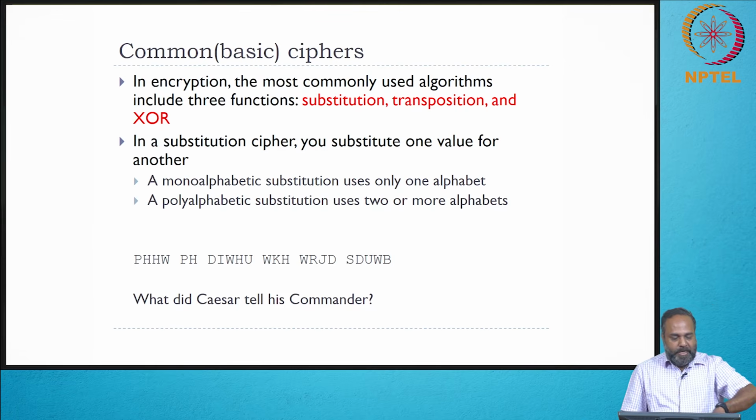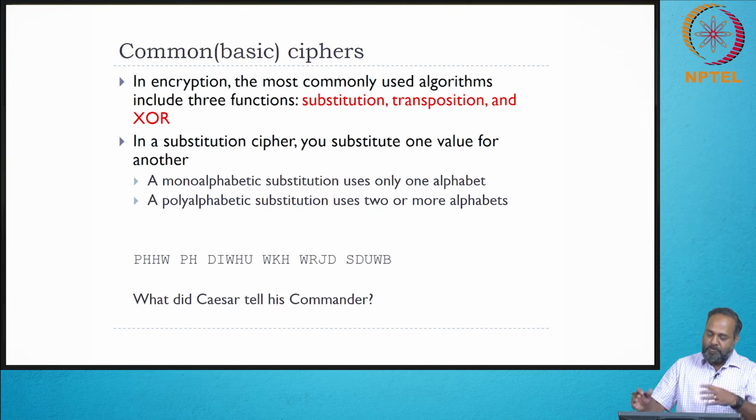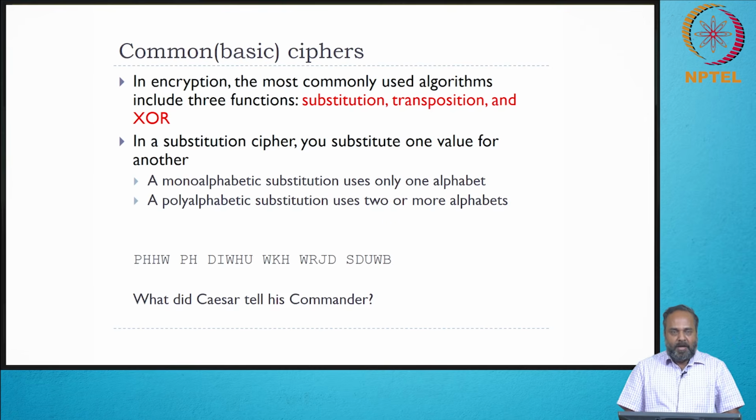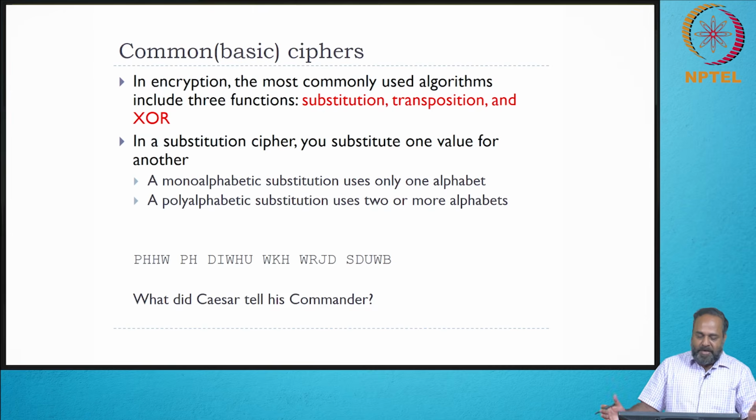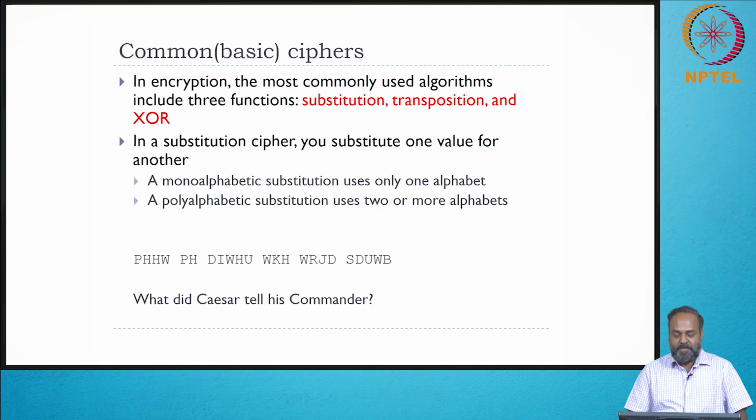So, I will quickly take you through some of the common methods, or some of the broad techniques for encryption, and then close this session in less than 10 minutes, so that we have time to discuss the article. Encryption, in a generic sense, can be implemented by three methods: substitution, transposition and XOR.